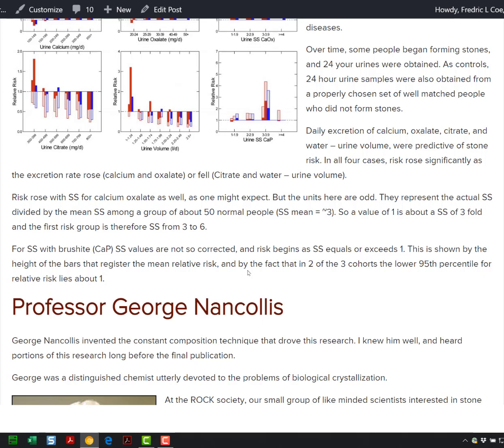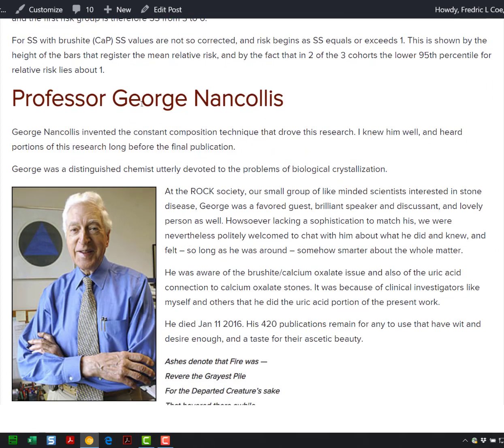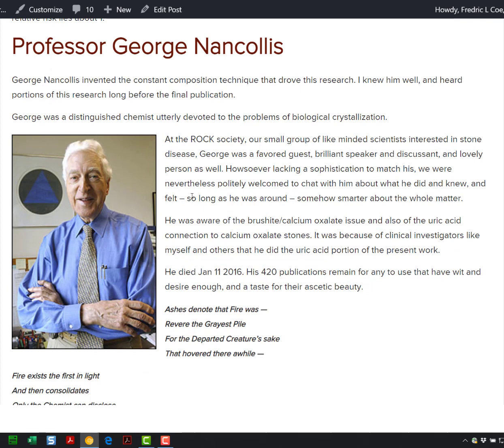Possible benefit, very real. George Nancollas was the brains behind the constant composition system, whose workings you just saw. He was a man I knew well. He was someone I would call a friend. He was a brilliant, sophisticated scientist, and he did a lot for the field of basic science in kidney stone disease.